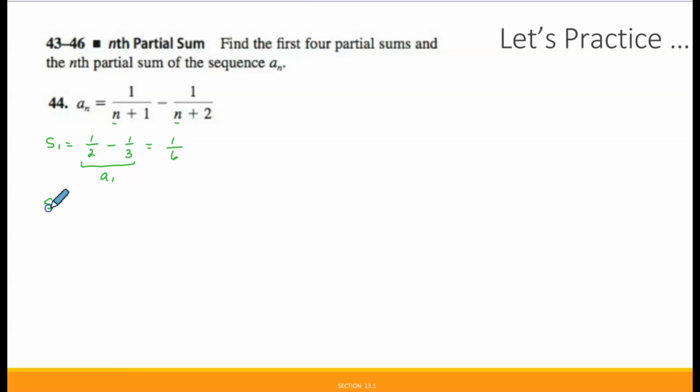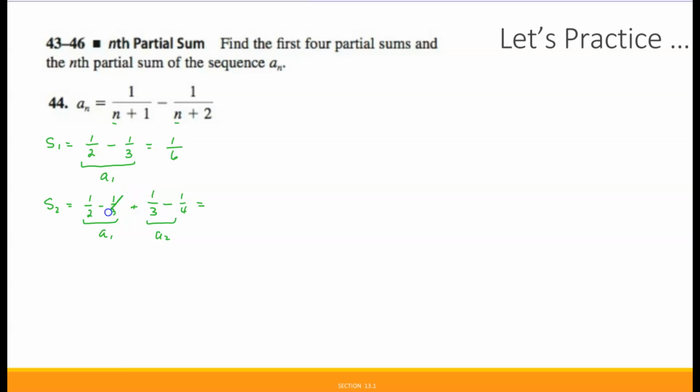Okay, the second partial sum, remember, is A1, 1/2 minus 1/3, plus A2. So we have to figure out now what A2 is. We're going to plug in 2 for n. If I plug in 2 for n, we get 1/3 for the first fraction, and we get 1/4 for the second fraction.